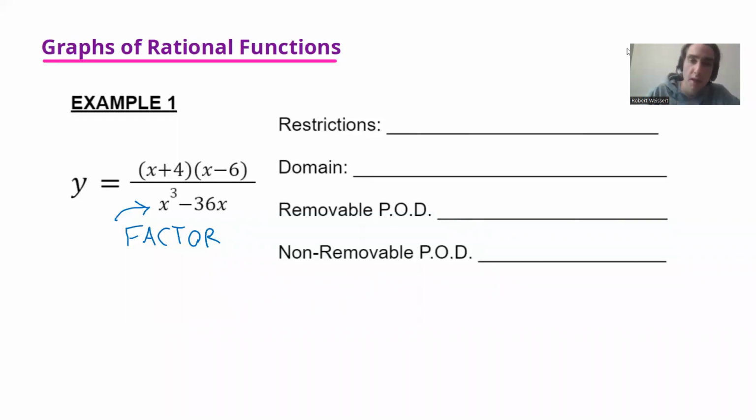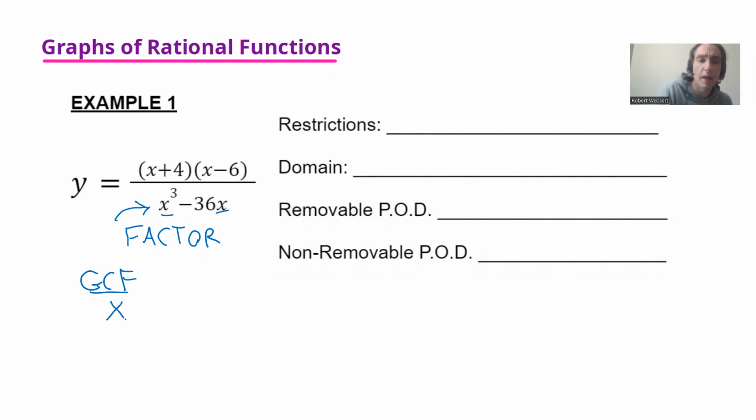Now, in some situations, you're going to need to factor sometimes the denominator, sometimes the numerator, sometimes both. In this case here, we need to factor the denominator to be able to see if we can cancel anything out and find our restrictions. So I'm going to factor x cubed minus 36x. We have a GCF. Can you think about what that GCF is? If you think about x cubed minus 36x, you might recognize that they both have an x in them.